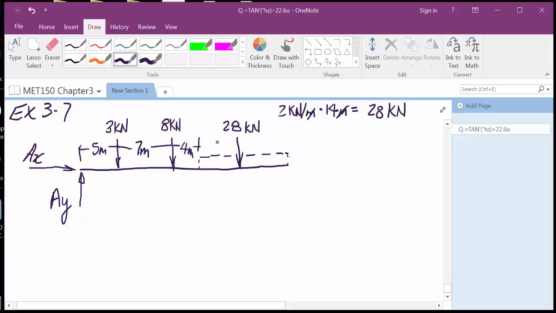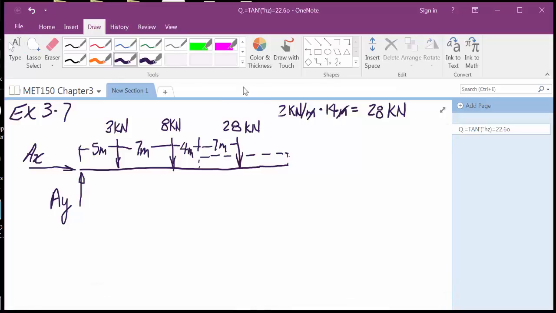So that means this distance right here would be 7 meters, right? Oh, to the center of it. Right. Because that's what you do, you make that a concentrated load right in the middle of that evenly distributed load. Okay?